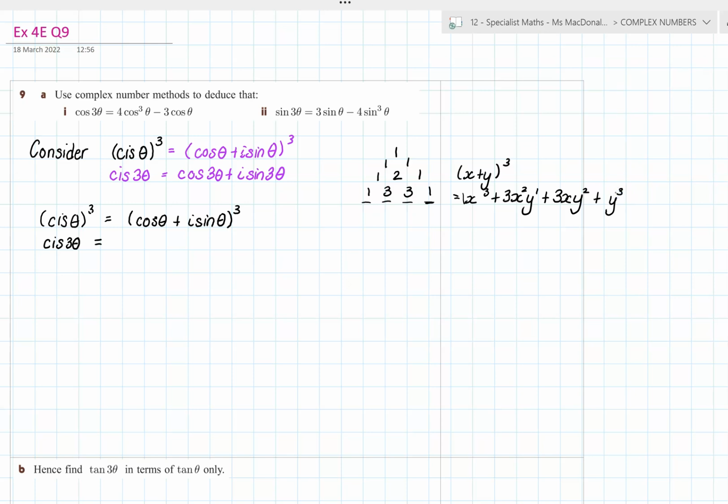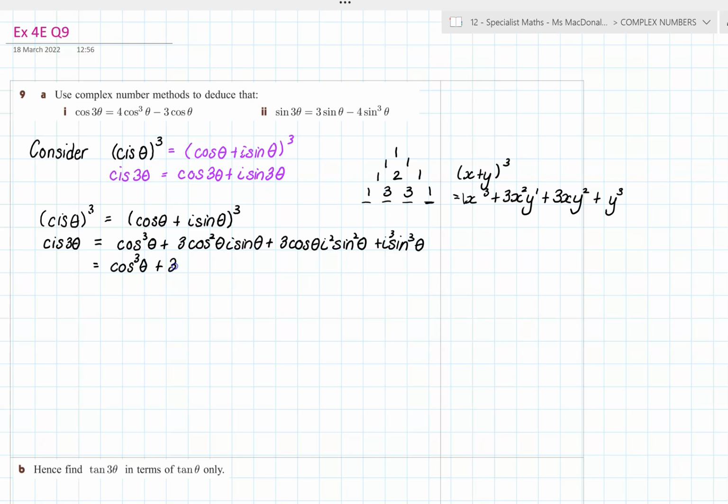Okay, so if we use that, we get 1 cos³θ plus 3 cos²θ times i sin θ, plus 3 cos θ times i² sin²θ, plus i³ sin³θ. Now we're going to tidy up. So we've got cos³θ.